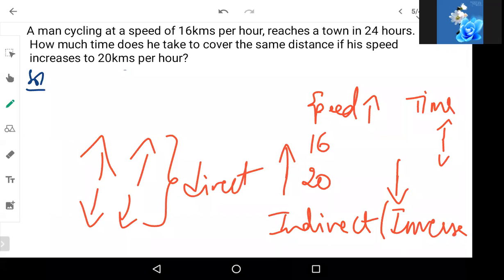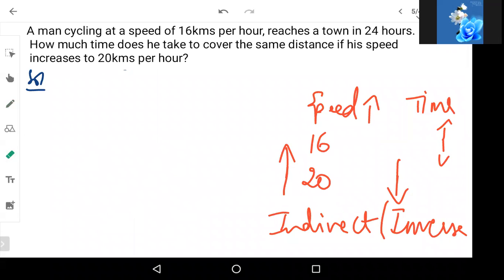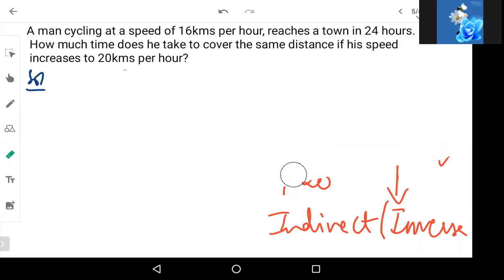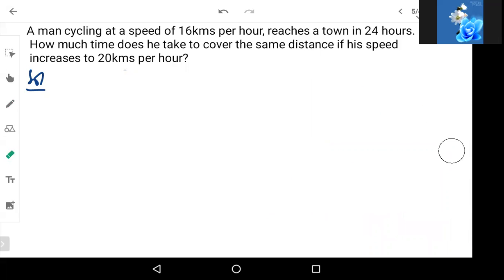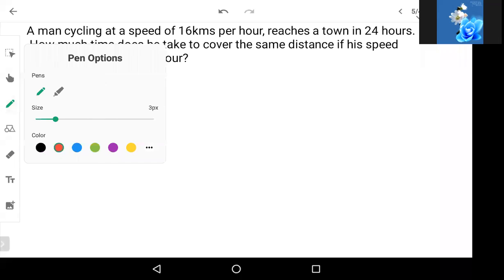Okay. Now, since this is an indirect proportion problem, let us define that this is an indirect or inverse proportion problem, and then we will solve it. Okay. Now, let us start defining. For every proportion problem, please make sure you define like this and then you solve.